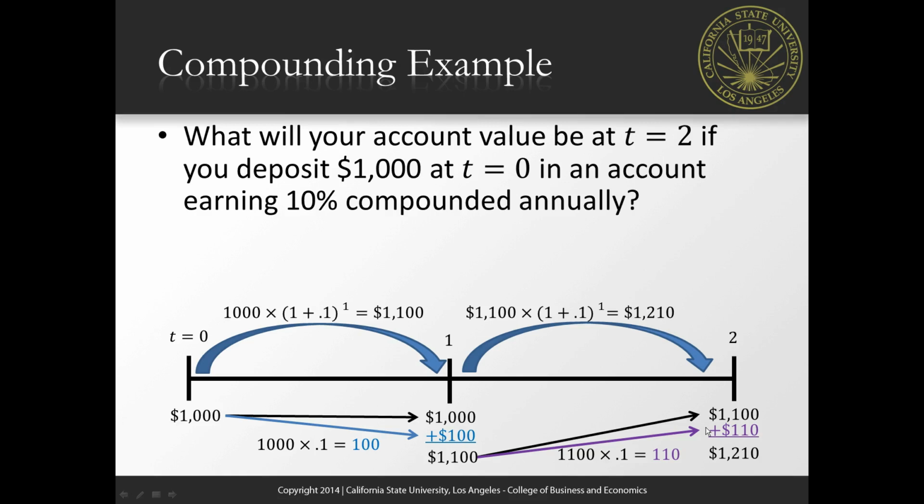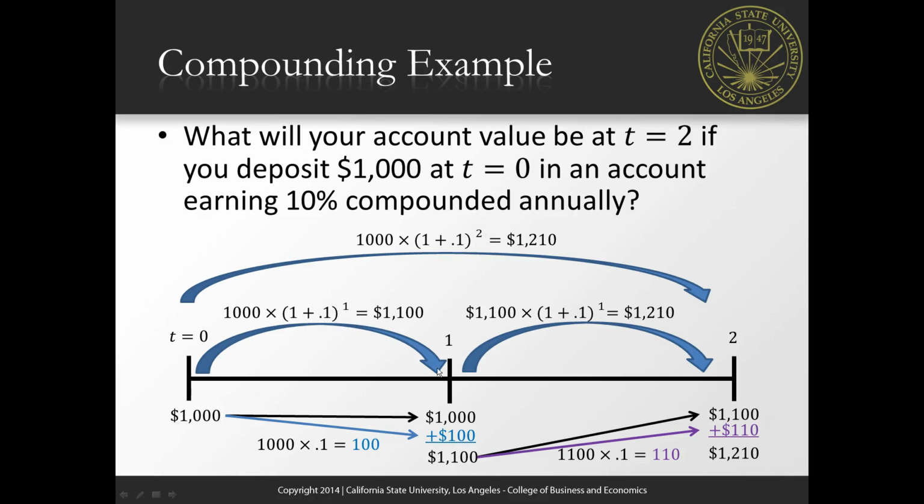As long as our interest rates are the same from year to year, we can pretty much skip doing each and every one of these annual steps, and we can just do it all at once. So what we can do is take 1,000 times 1 plus 0.1, and we take it to the second power. Now, why do we take it to the second power? That's because we're doing this over 2 years.